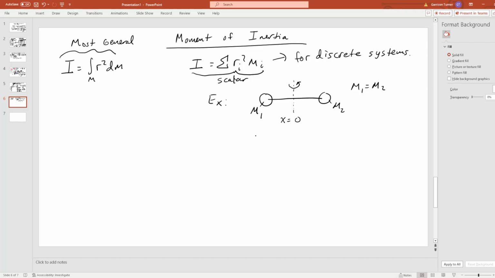So my moment of inertia in this case, let's be very formal once again. This is x in the plus x direction, this is x in the minus x direction, and this is a length L.